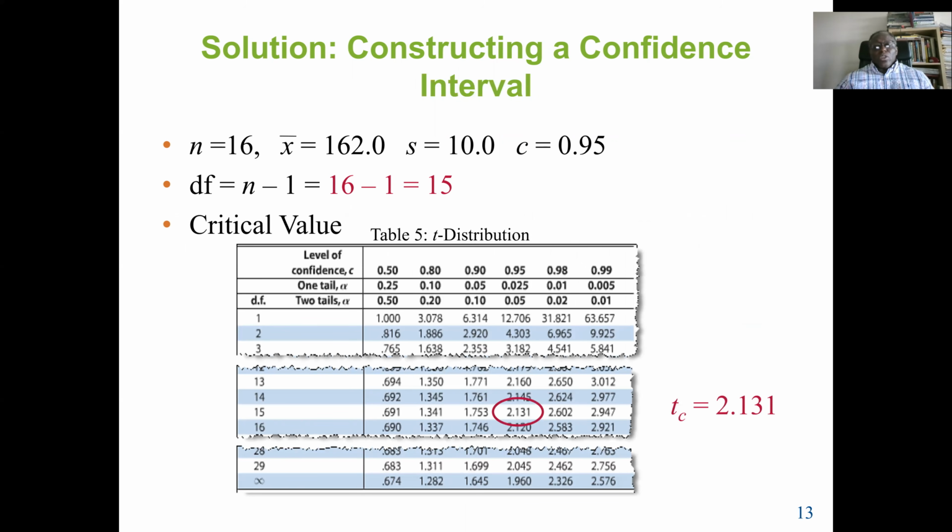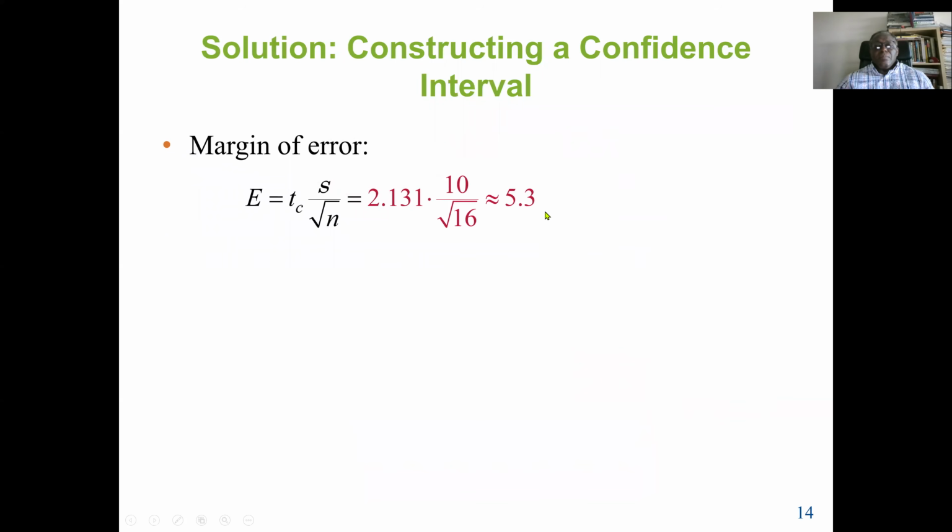Then we go to the row for 15, then we look for 95%, and that gives us 2.131. So t_c is 2.131, times s, which is 10, over the square root of the sample size, 16. If we solve this, we get 5.3.